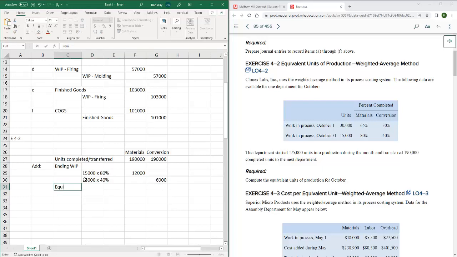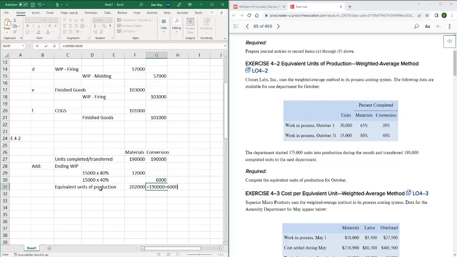So then the total equivalent units of production for the period in the department becomes the sum of the units completed and transferred plus the equivalent units in the ending work in process there. 12,000 with respect to materials, and then over here for conversion, the 6,000 instead.